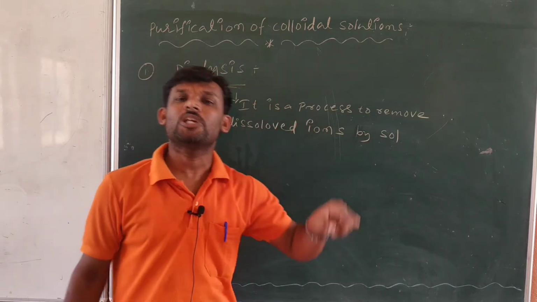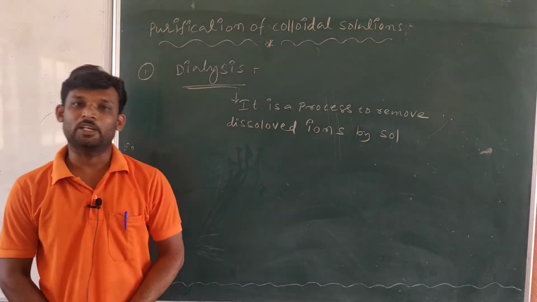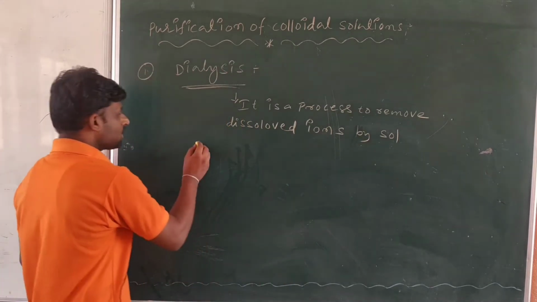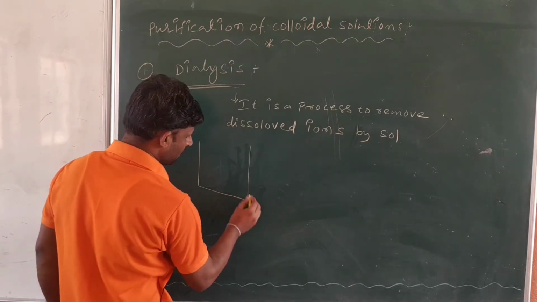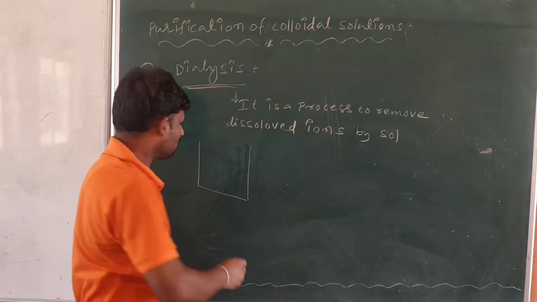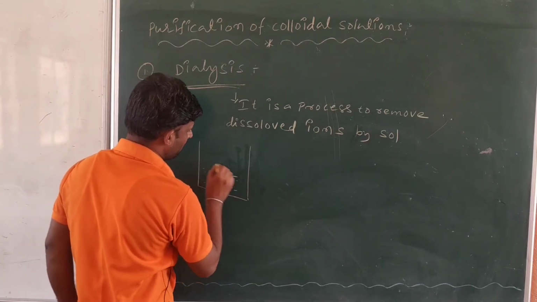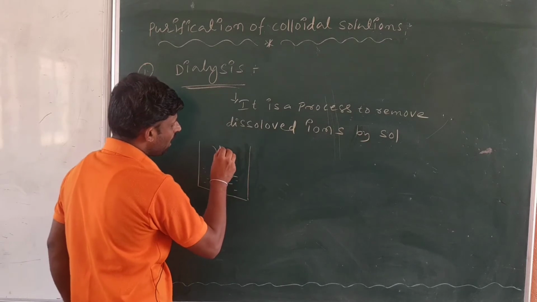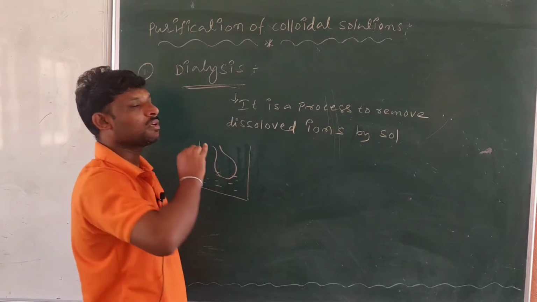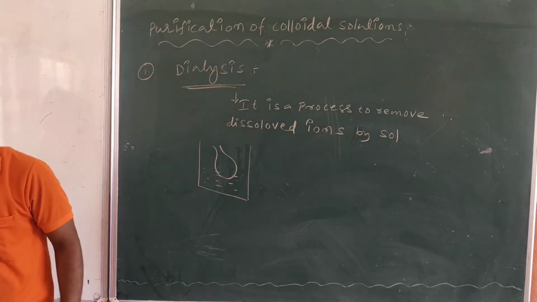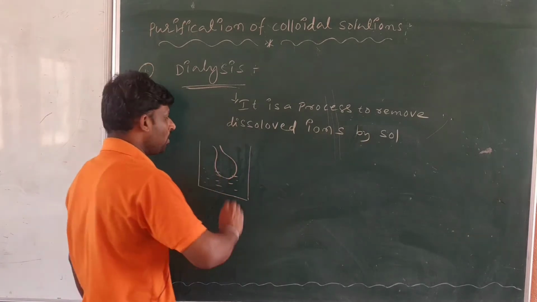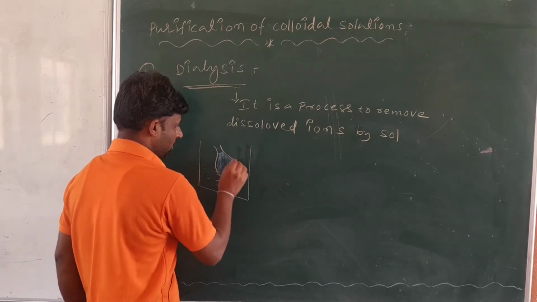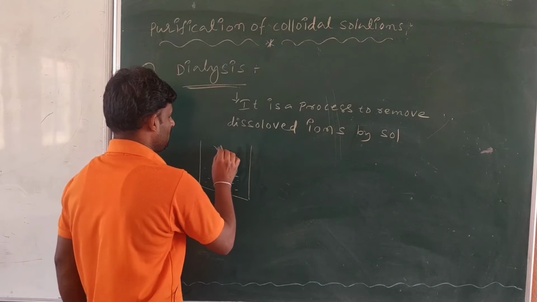See how we are going to dialyze it. For example, I am taking one container filled full of water. Then I am taking a bag of parchment paper, otherwise a semi-permeable membrane bag, filled with colloidal solution.